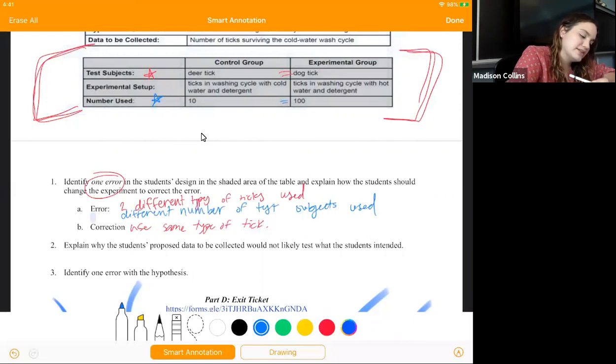And how should we correct that? Well, we should have the same amount of test subjects in each group.